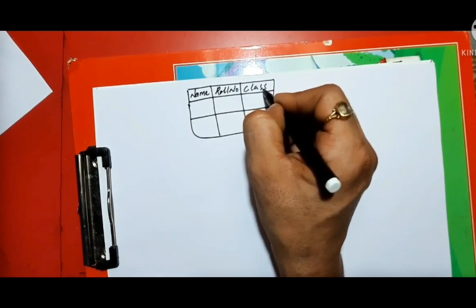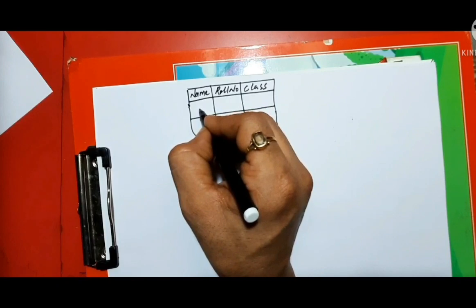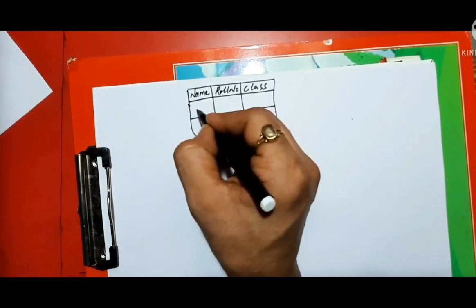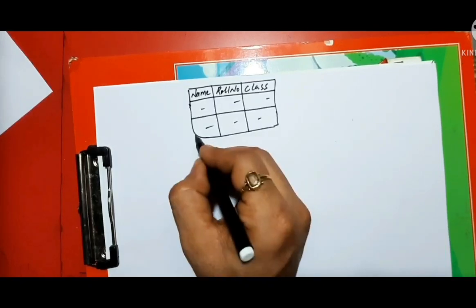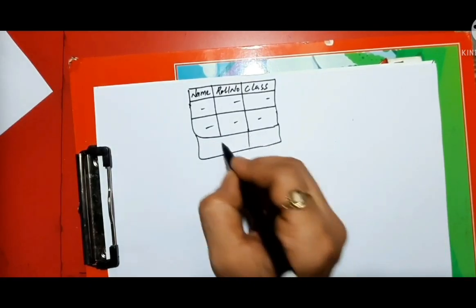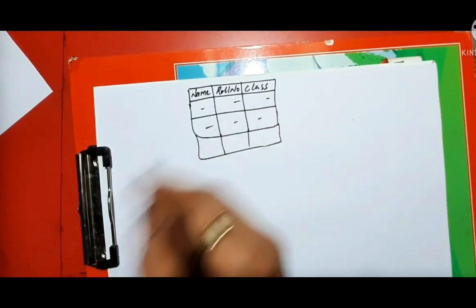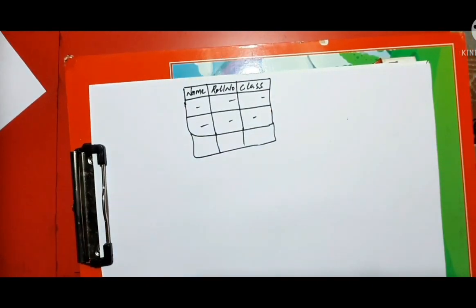And in name I have a list of students, let's say first student, second student, third student, and so on. If I can add one row, I can add multiple rows also.